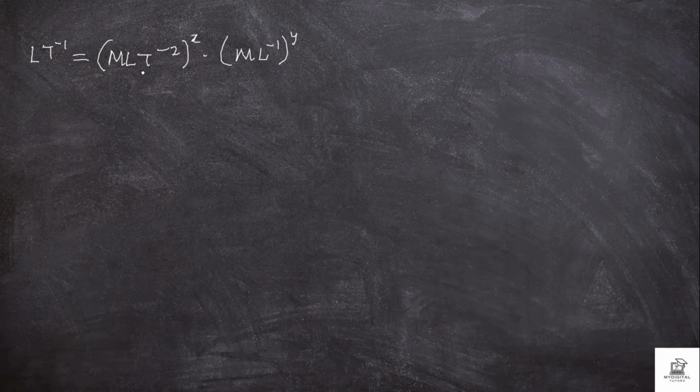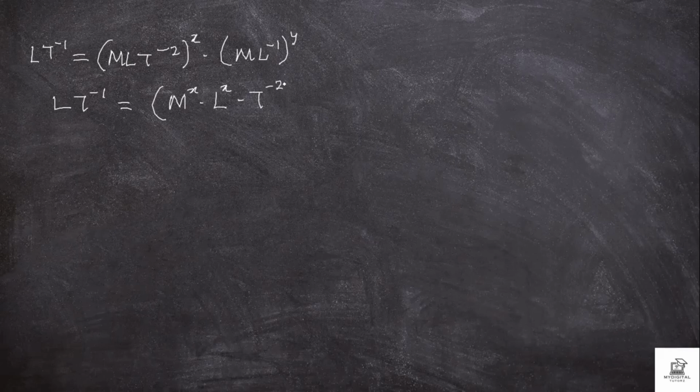So now, we said we are going to distribute the power here. So we have LT minus 1 is equal to M raised to power X, L raised to power X, and T raised to power X multiplied by minus 2.